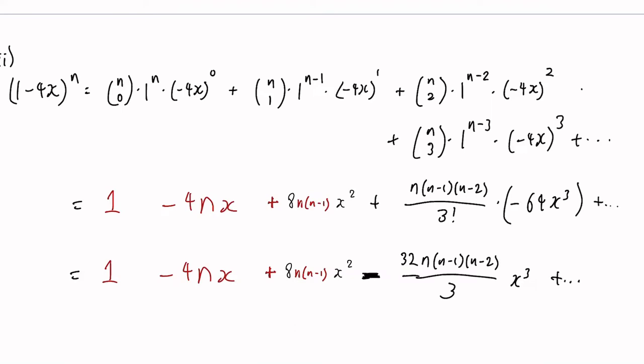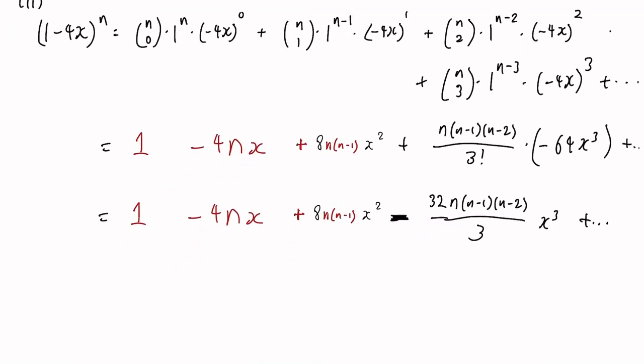Since n is equal to 8, if it's power 8, I'm sure you know how to expand it, just do it step by step. But we can also substitute in the n with 8. So 8 times 4 will be 32.